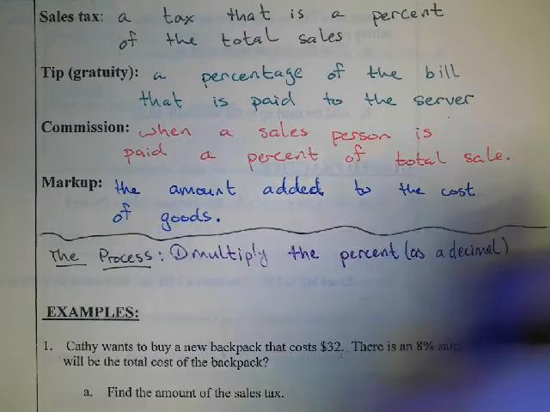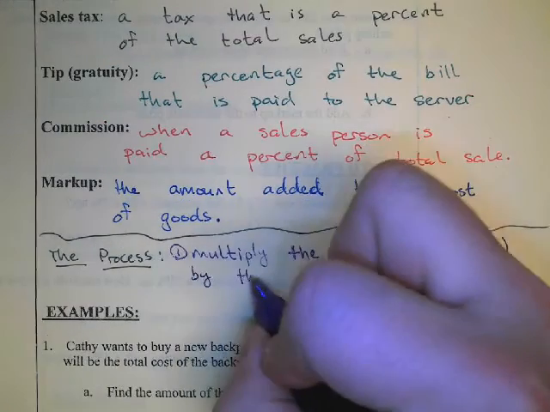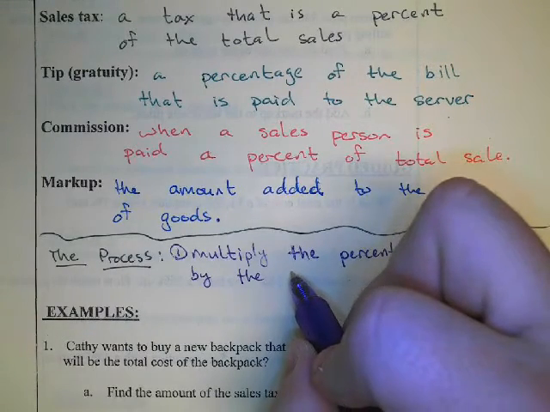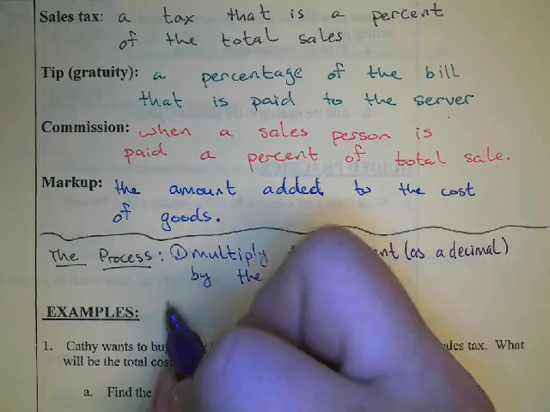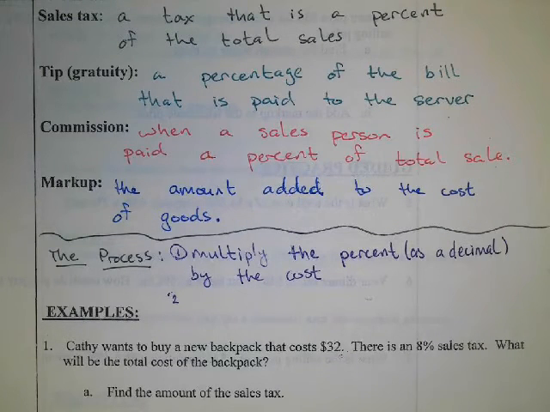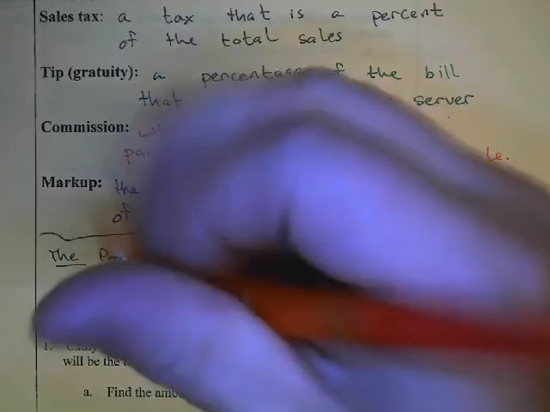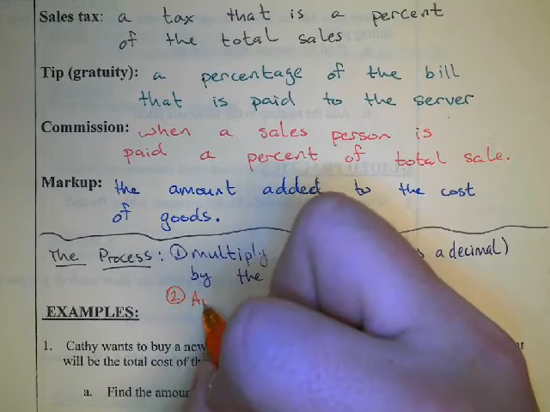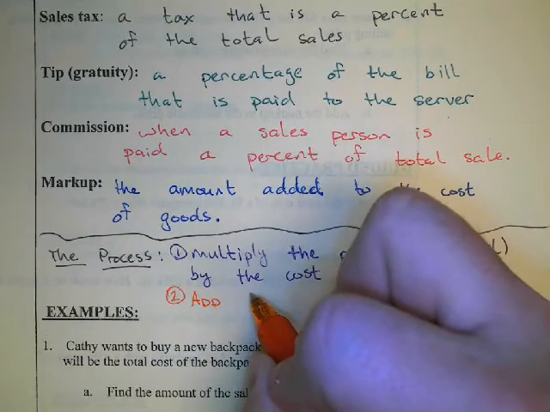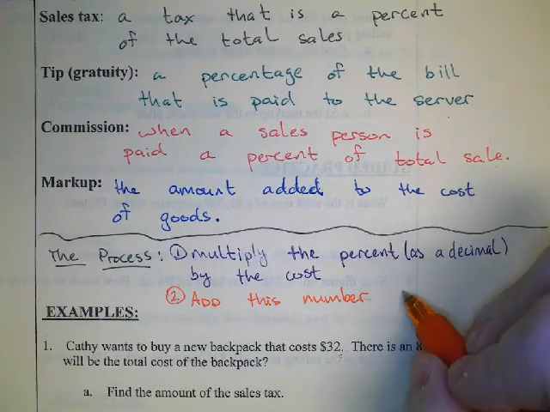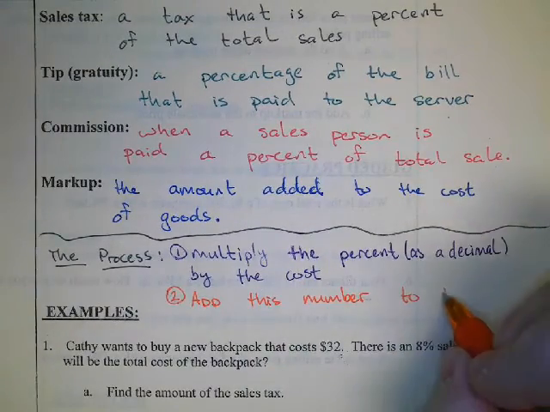Multiply the percent by the cost. Step 2: Add this number to the cost.